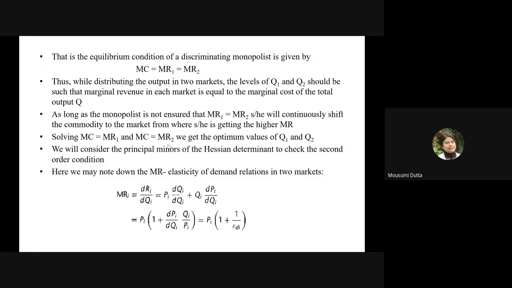Okay, so you did this in your first semester, the MR elasticity relationship. So we will use this relationship to check how the elasticities are varying in different markets. First we will solve the first order condition, then find out Q1 star, Q2 star, then derive the second order condition to establish the profit is a maximum, and then a small part we will add, related to the MR elasticity relationship.